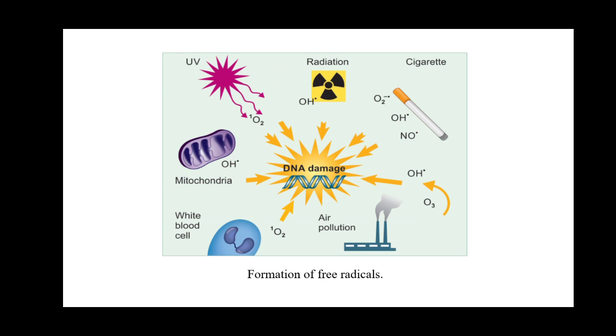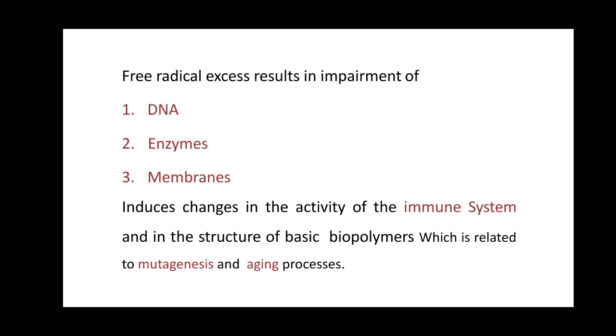There is also formation of free radicals by various factors, endogenous and also exogenous, which affect the DNA. The production of these free radicals results in the impairment of DNA, enzymes, and membranes. So it induces changes in the activity of the immune system and in the structure of basic biopolymers, which is related to mutagenesis and the aging process.